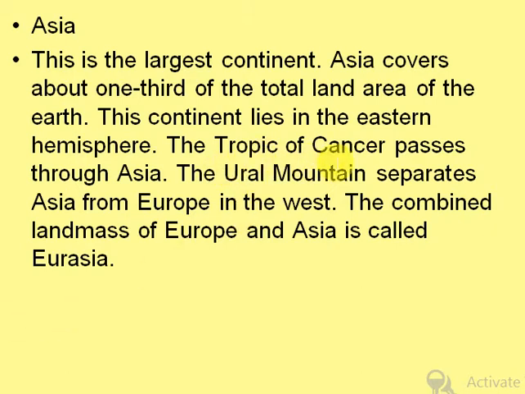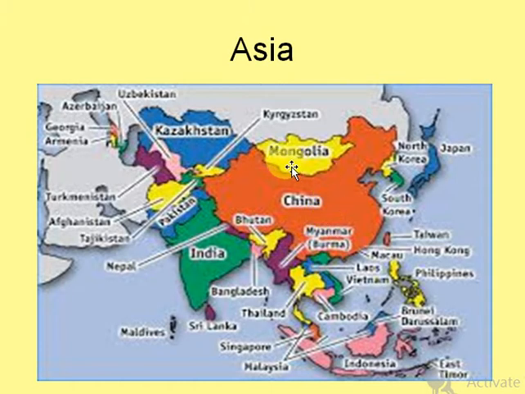And the Tropic of Cancer passes through Asia. The Ural Mountain separates Asia from Europe in the west. The combined landmass of Europe and Asia is called Eurasia. So this is the map of Asia.